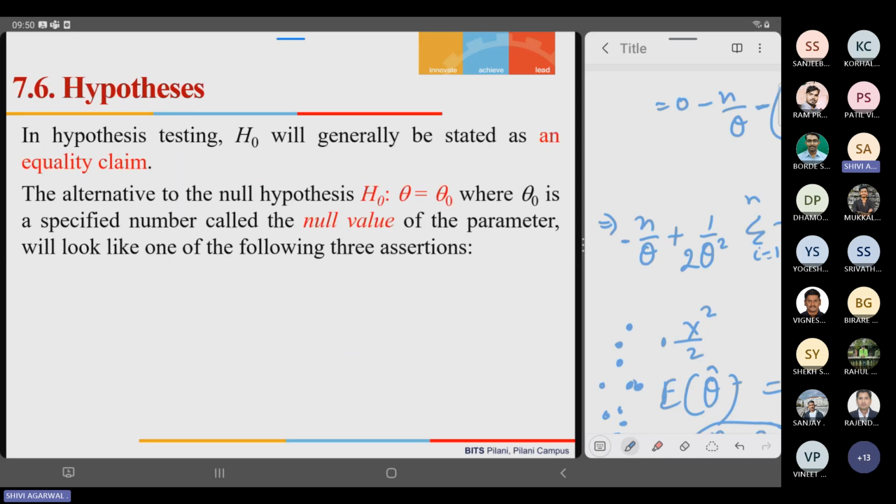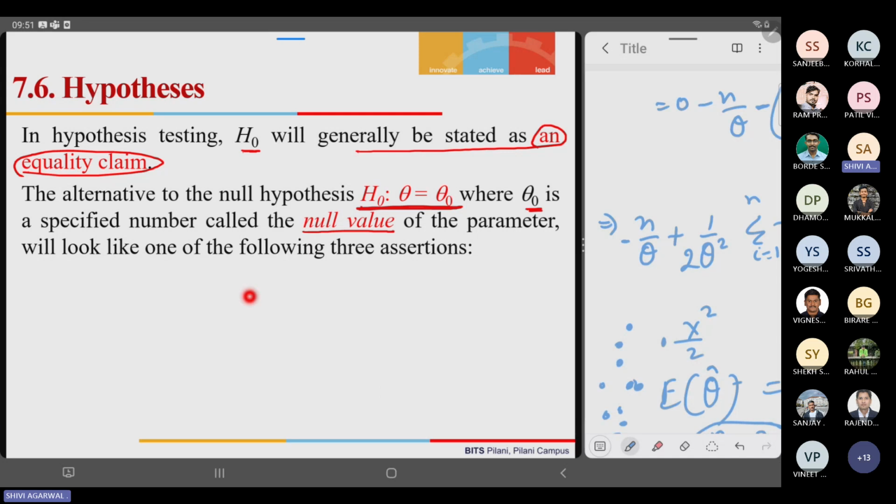Correct? So in hypothesis testing, H naught will generally be stated as an equality claim. Always the equal sign will come into the null hypothesis. So H naught: theta is equal to theta naught. Theta naught means a specified number, which is the null value.